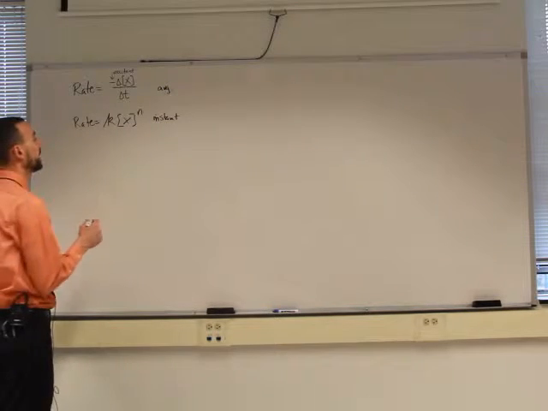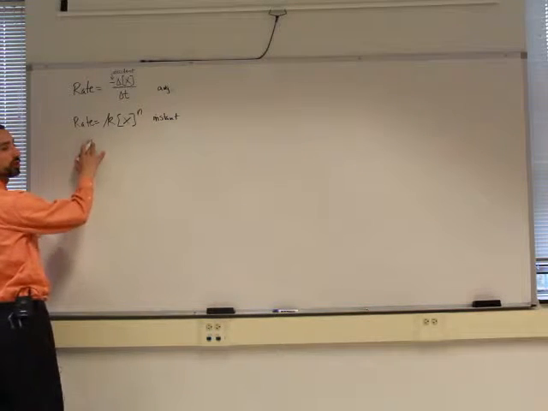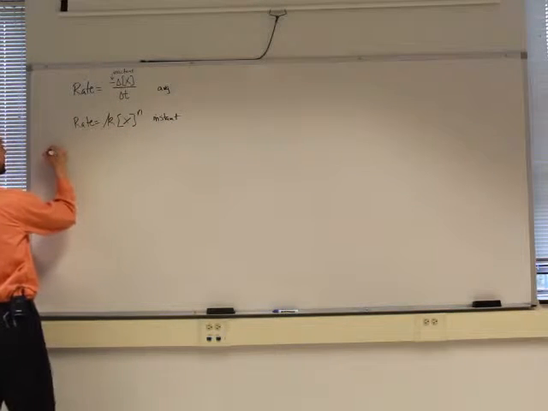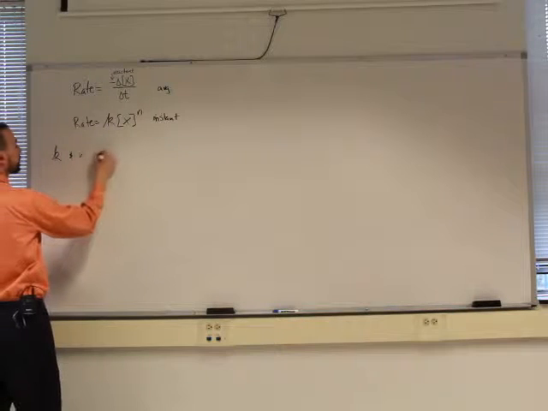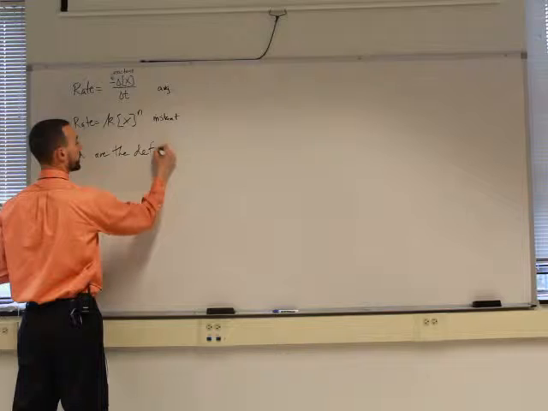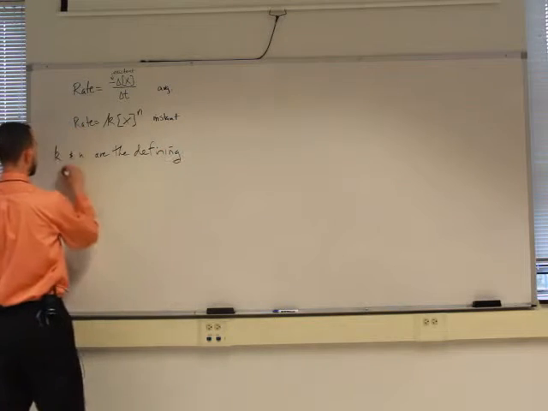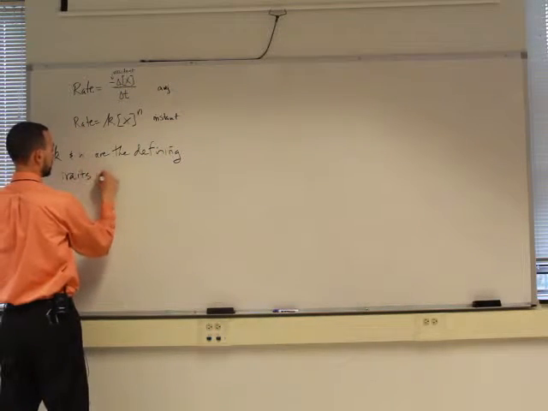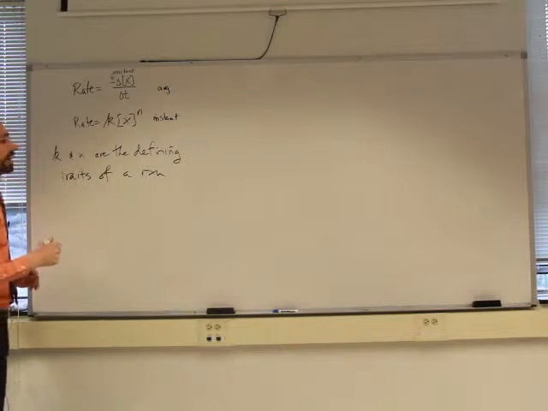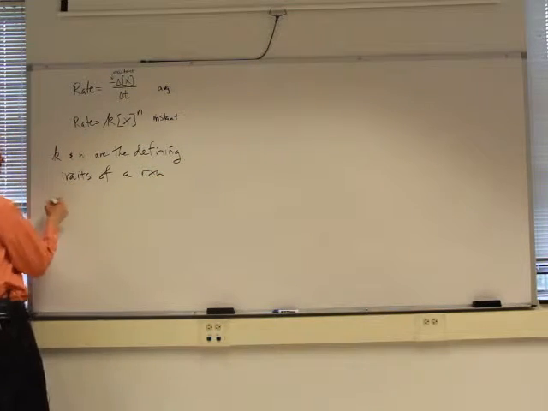But what I want to do right now is go through some examples of how we find the K and the N. Because again, we said that K and N, the order, are the defining traits of a reaction. Now, some ways to know the order.